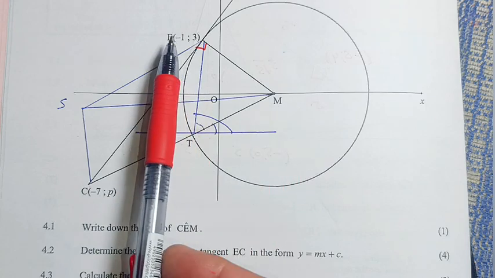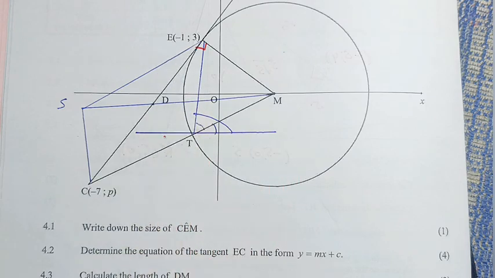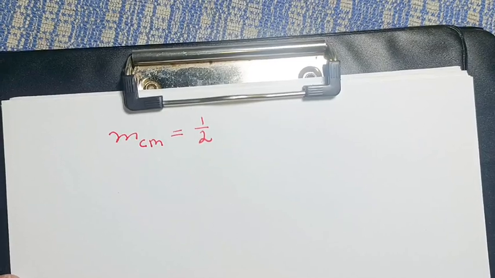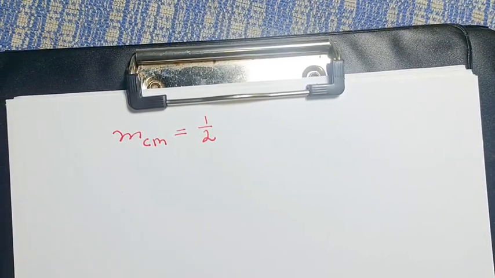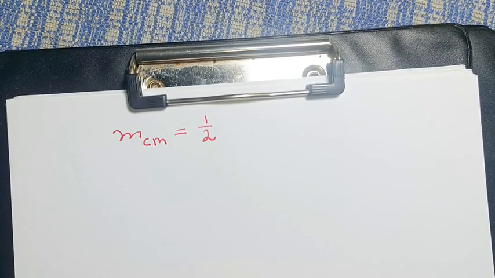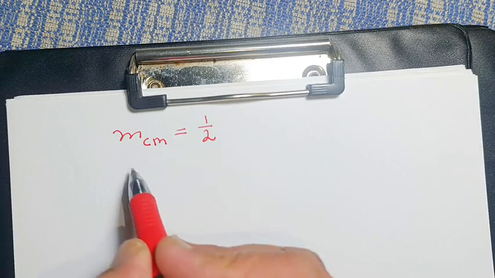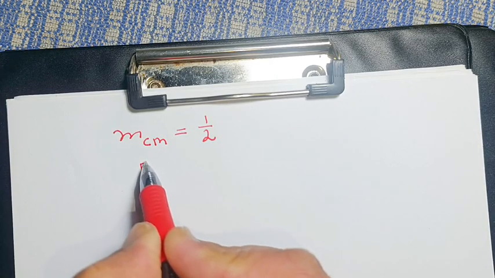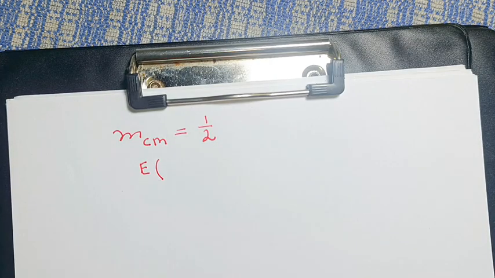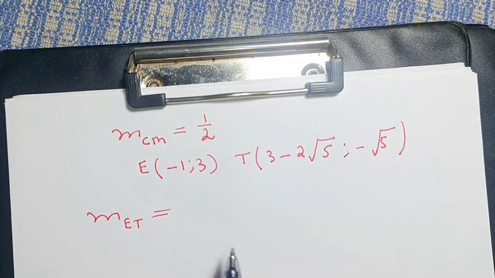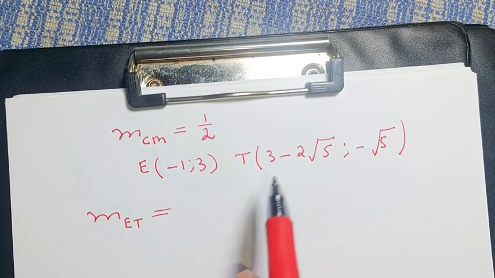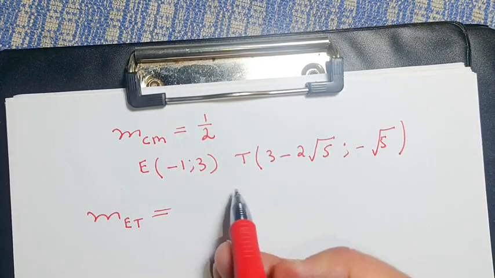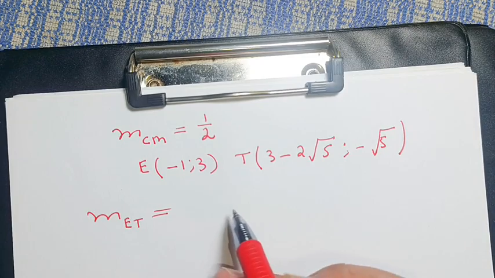So I need to find the gradient of ET. We have the gradient of CM or TM, same thing, so we need to find the gradient of ET. The E coordinates we have now, so I'm going to find the gradient of ET. You can write this one in decimal also. So y2 minus y1 over x2 minus x1.